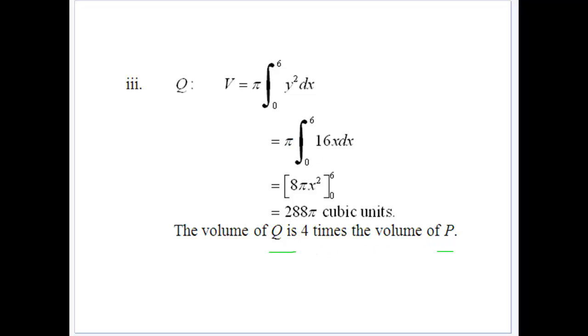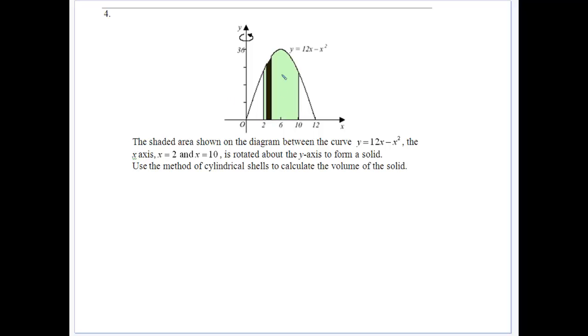There's our relationship. In question 4 here, we've got an area in the green here, which is shaded, and it's between 2 and 10 under this curve 12x minus x squared, and it's rotated about the y-axis to form a solid, and we want to use cylindrical shells to calculate the volume of that.